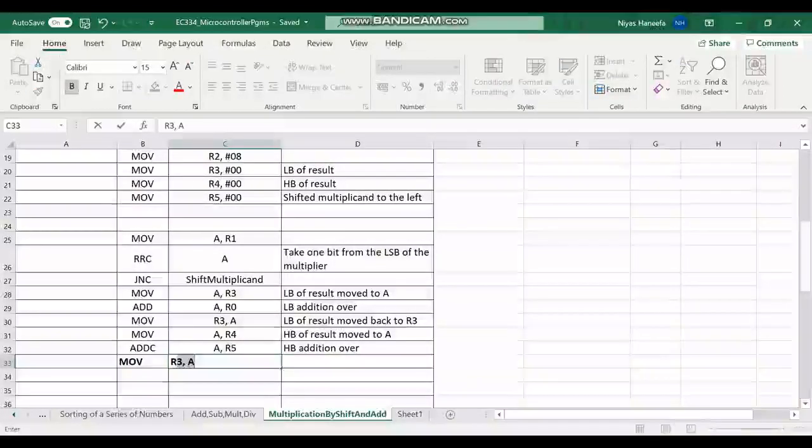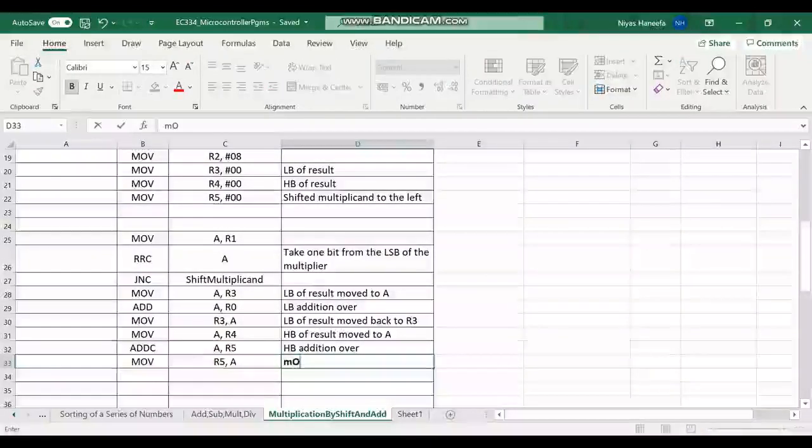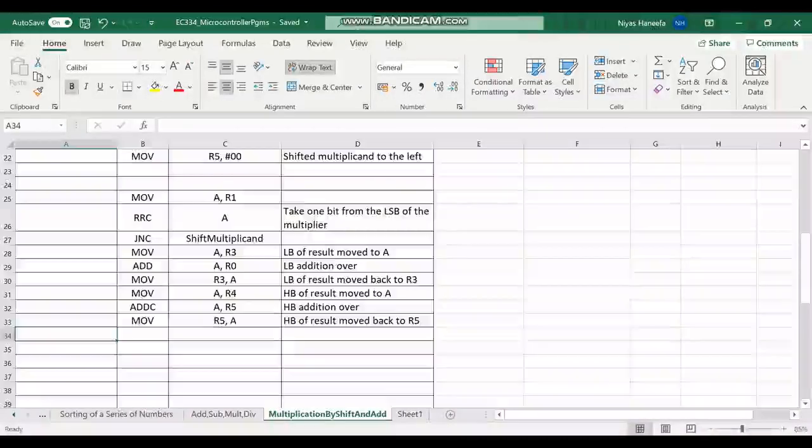So move R5 comma A, moving the higher byte of result back to R5. So we got that. The addition part is over as per our logic.